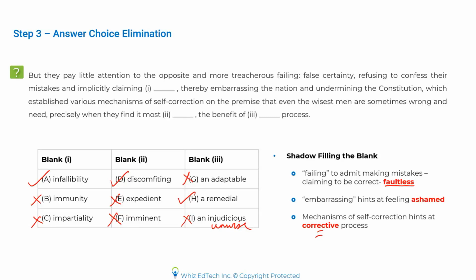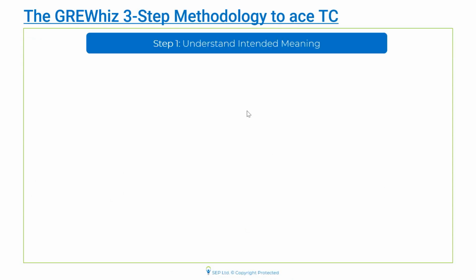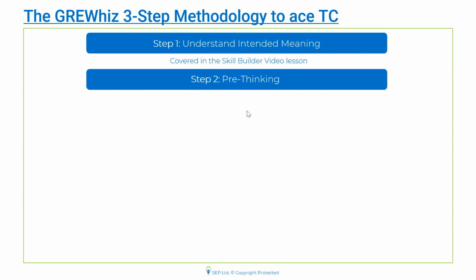So let's quickly round up the process, guys. If we put together the process of the GRE with a three-step methodology to ace the text completion questions, step one is to understand the intended meaning of the sentence. The way I've been breaking and reading the sentence today, we have covered how to do this in our skill builder video lesson, and you can take a look at that when you try out the free trial version of the course.